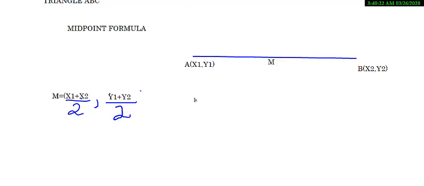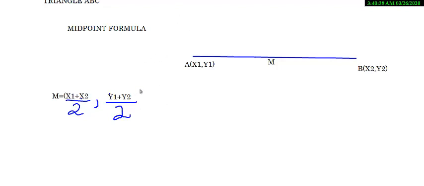So right now we got the midpoint formula, whose coordinates are x1 plus x2 over 2 and y1 plus y2 over 2. We can use this in the future to find the coordinates of the midpoint.